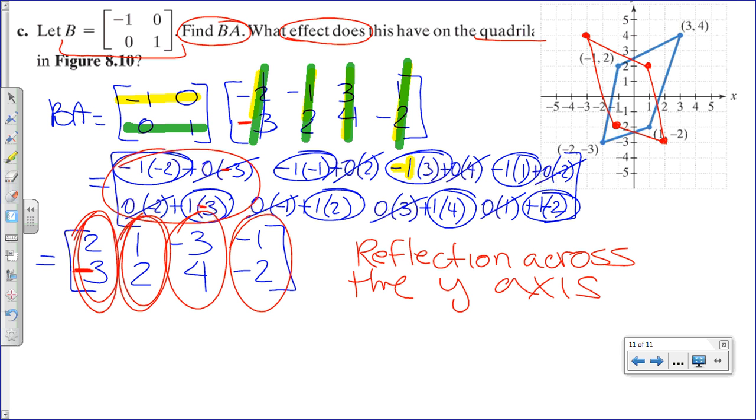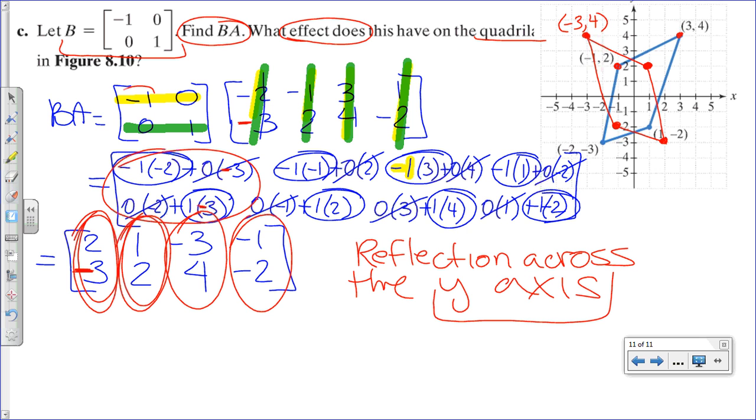We can see clearly that the point here has an x-coordinate of 1, and the point here has an x-coordinate of -1. Similarly, this is a 3, and this one is a -3. So all the x values were changed to the opposite value, which makes a reflection across the y-axis.